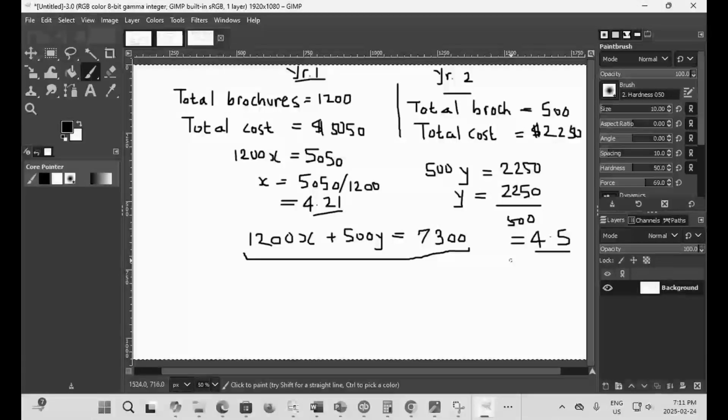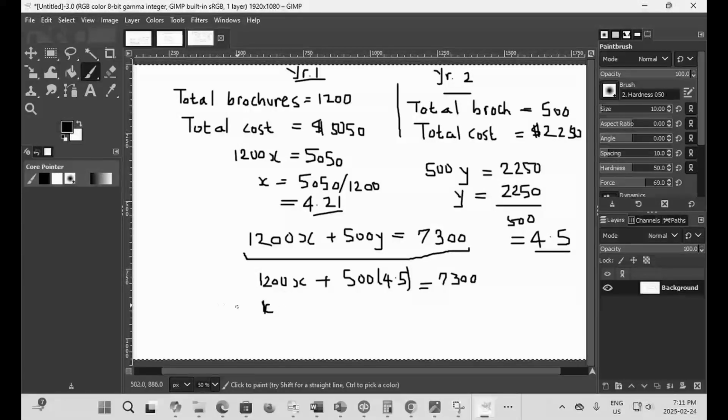Now we sub in the value. We know 1,200x plus 500y equals 7,300, and y is 4.5. In order to find x, you will need to isolate x.